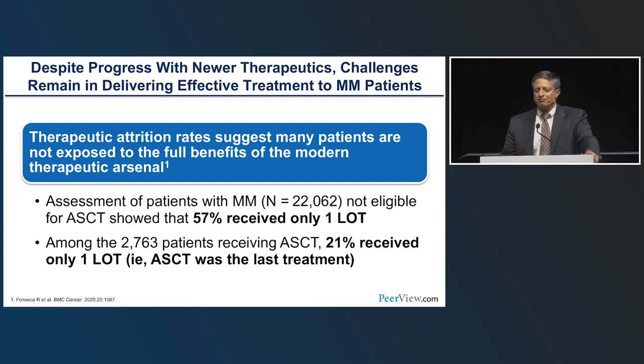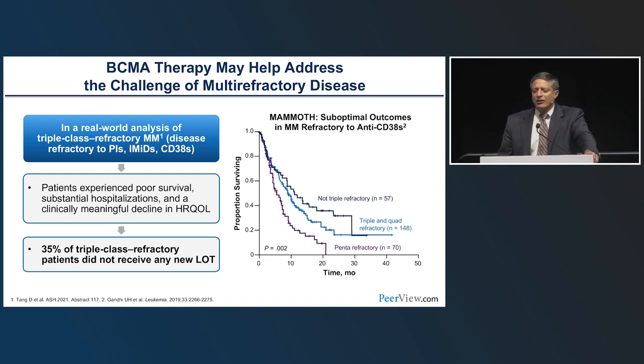What we also know is that patients with triple-class refractory myeloma historically have not had a good outcome. Patients that are resistant to IMiDs, proteasome inhibitors, and anti-CD38 antibodies have a median overall survival of less than a year, and in some cases, depending upon how heavily pretreated they are, it's less than 6 months.